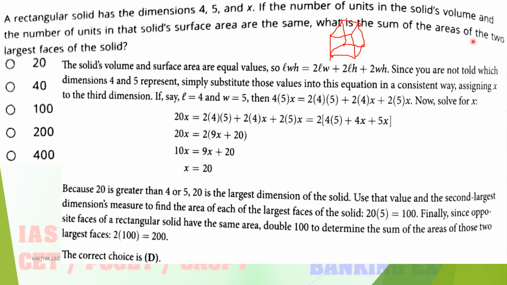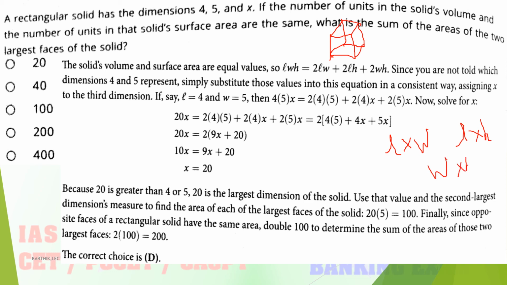What is the sum of the area of the two largest faces? So how to determine the largest faces? Largest faces is nothing but taking the two larger values and multiplying them. Why? Because the area, so how to find out area? Area is nothing but length into breadth, or length into height, or breadth into height.